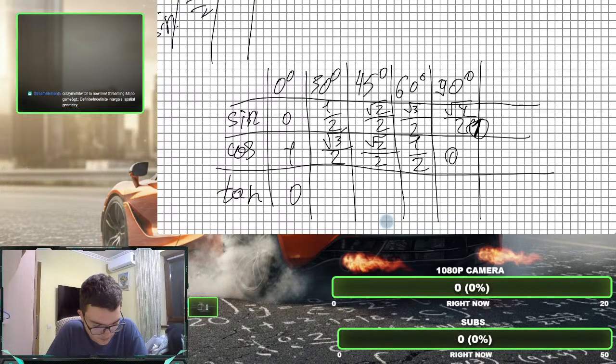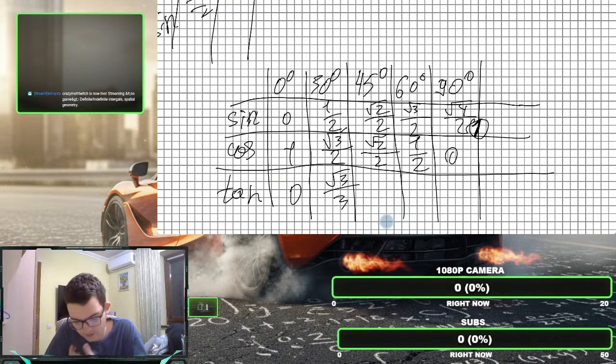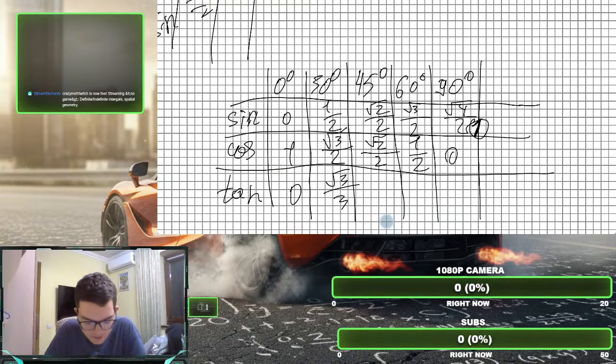Square root of 3 divided by 3. So why square root of 3 divided by 3? Well, because you just multiply top and bottom by square root of 3 and you get this. Yeah, that makes sense pretty much.